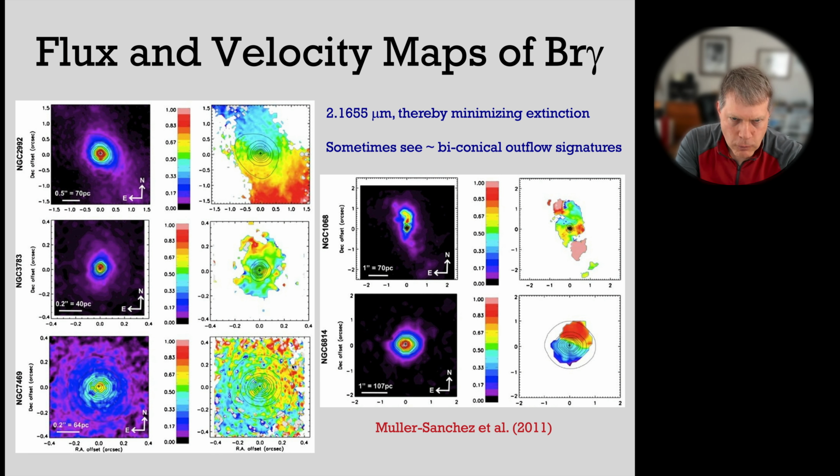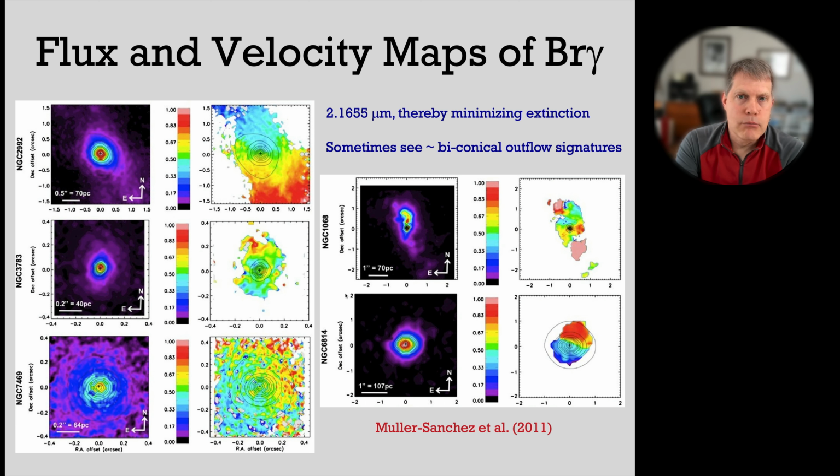Here, again, red is over here, blue is over there. Here is another quite clear case of redshifted and blueshifted emission, indicating that you're seeing some kind of biconical outflow behavior of the emission from the narrow line regions. These things often have biconical outflow structures to them. Again, these are local Seyfert galaxies.